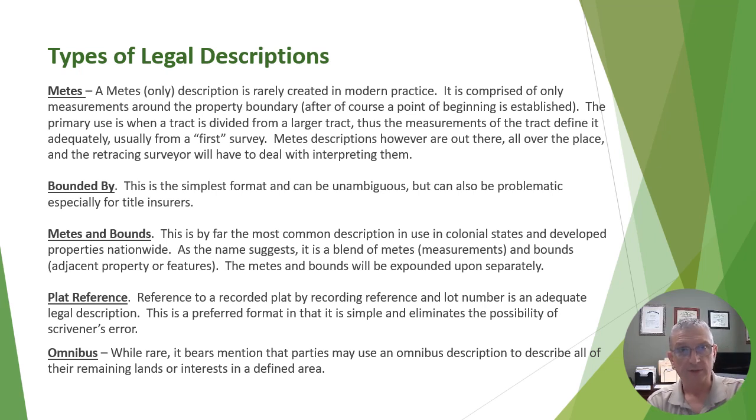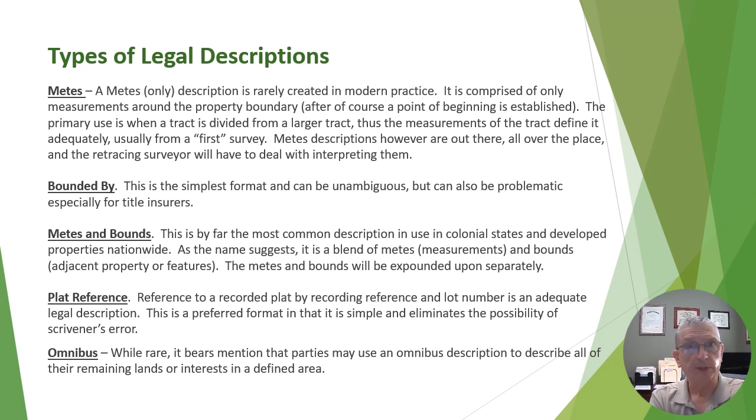So it's not giving a descriptive tract by tract or line by line description. It's just saying it's that piece of property which is bounded by these following bounds. And so what makes it problematic is that you're at the mercy of where Smith and Norwood think their boundaries are.